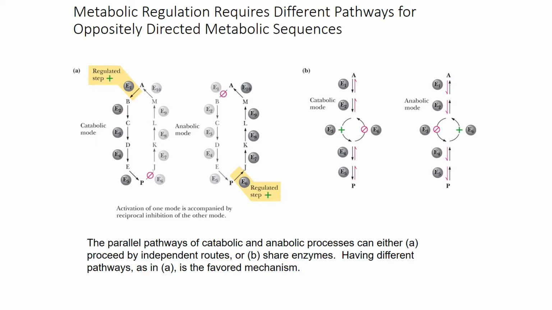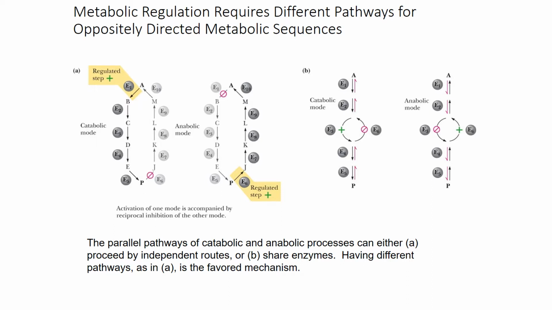We will see this type of regulation at 2 different points in gluconeogenesis, or the synthesis of glucose. Glycolysis utilizes 10 enzymes to convert glucose to pyruvate.